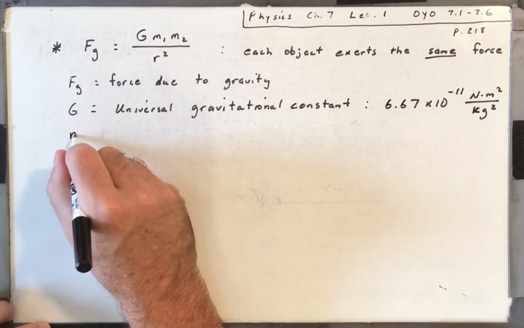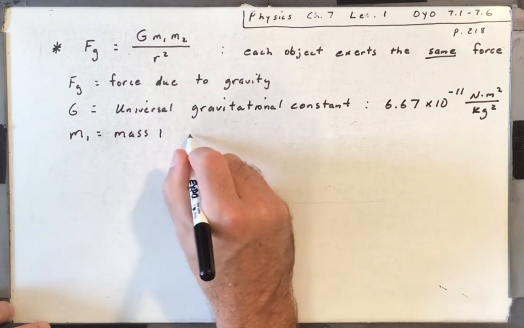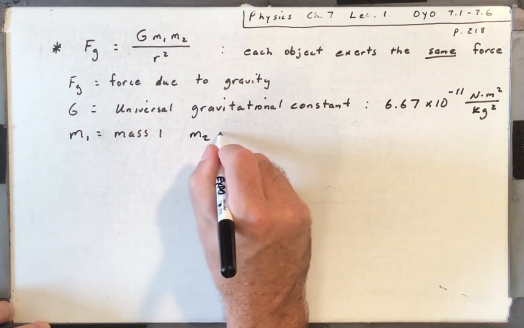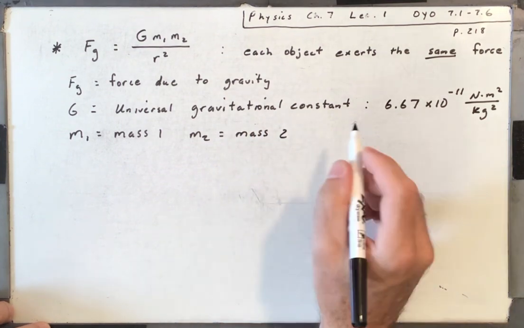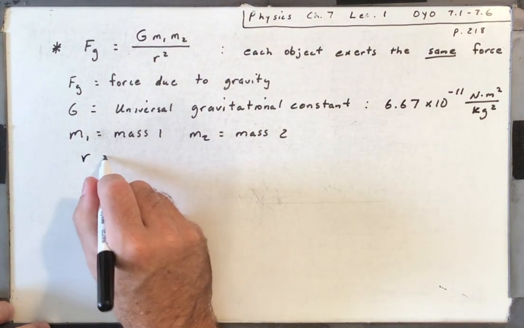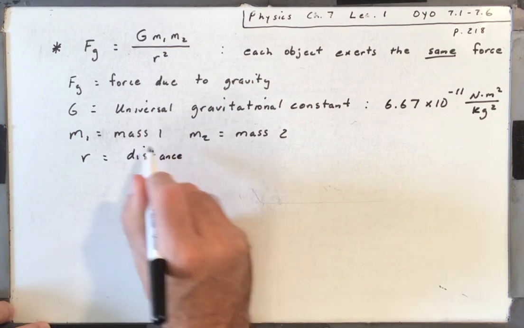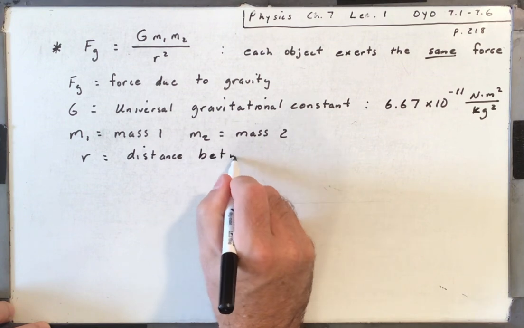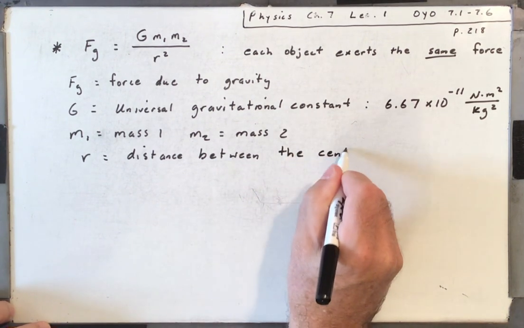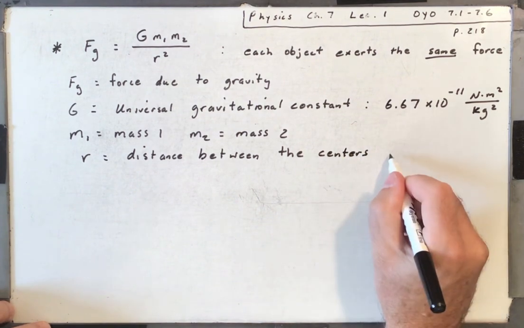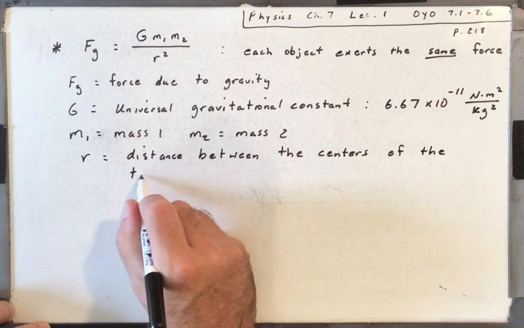All right, m1 is mass 1. m2, mass 2. And r is the distance between the centers of the two objects.